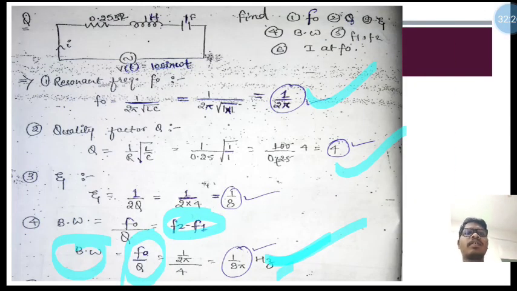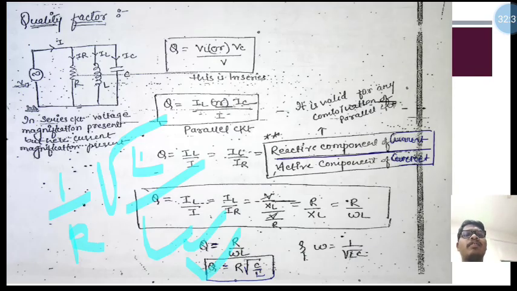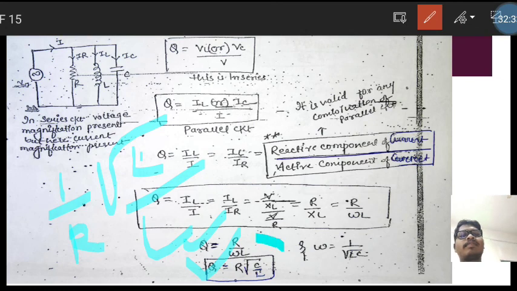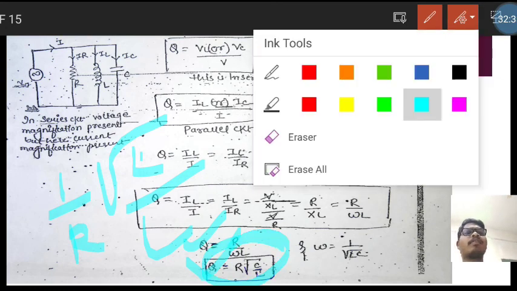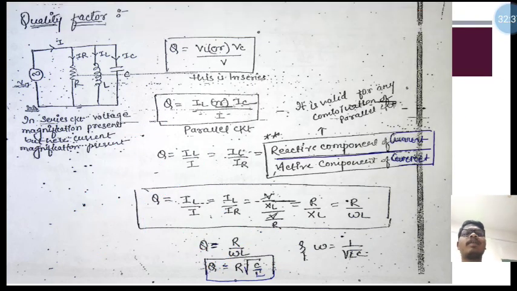See, this is the series quality factor, and this is the parallel quality factor. Okay, so there is a small difference between the series and parallel circuit, so no need to worry about it.